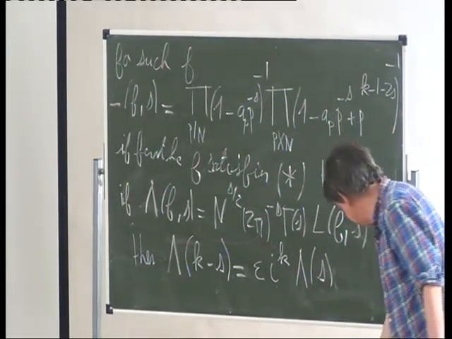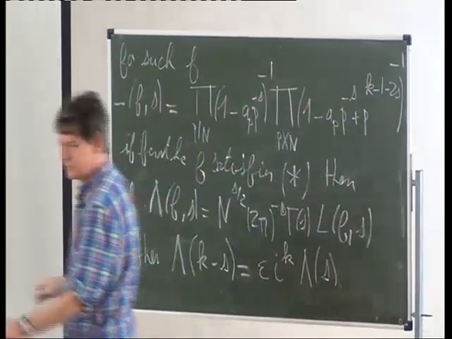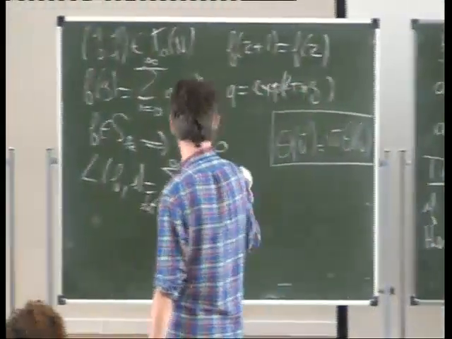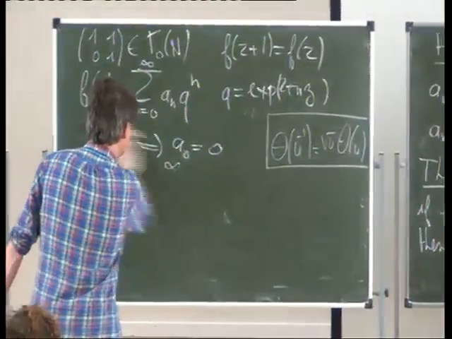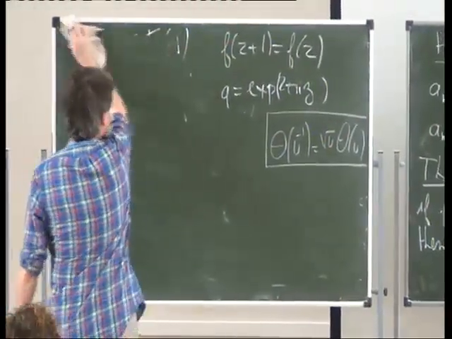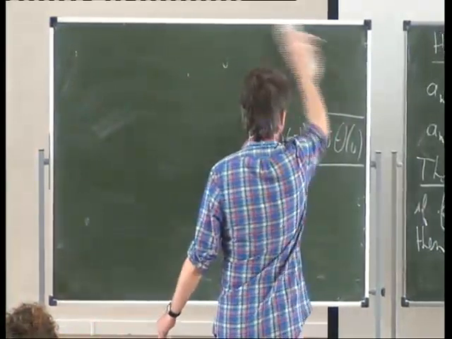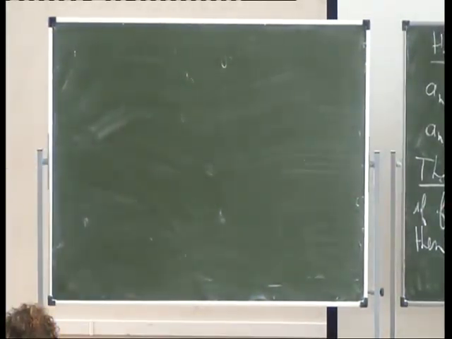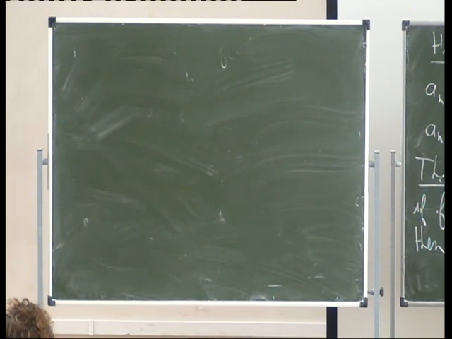So the computation is almost the same as the one we did for the zeta function. Perhaps I will skip the details of the computation. I will just give the main steps. Have I written it here? Okay.